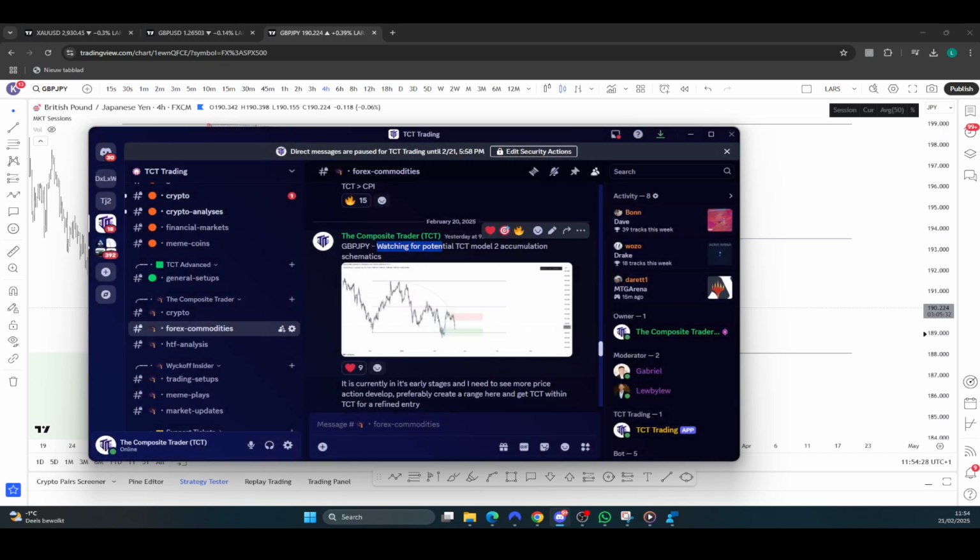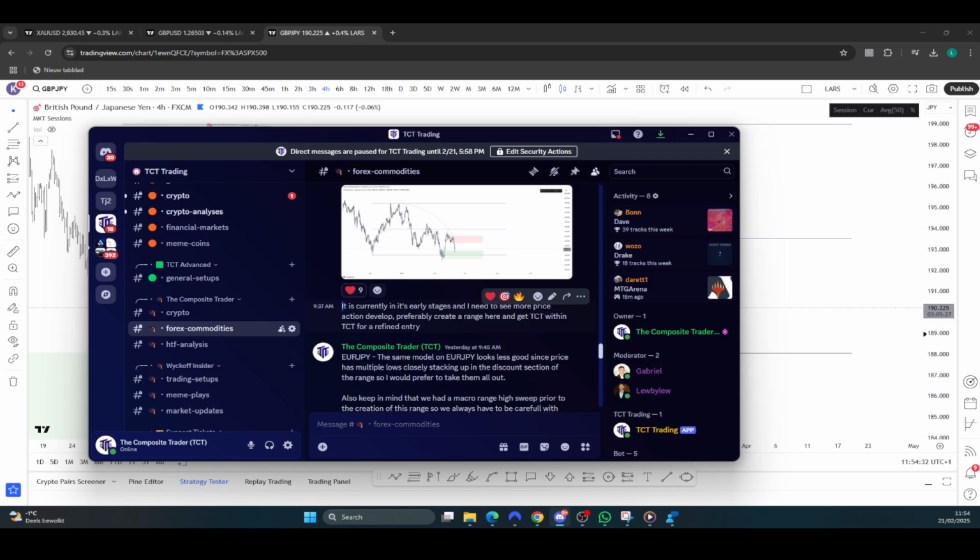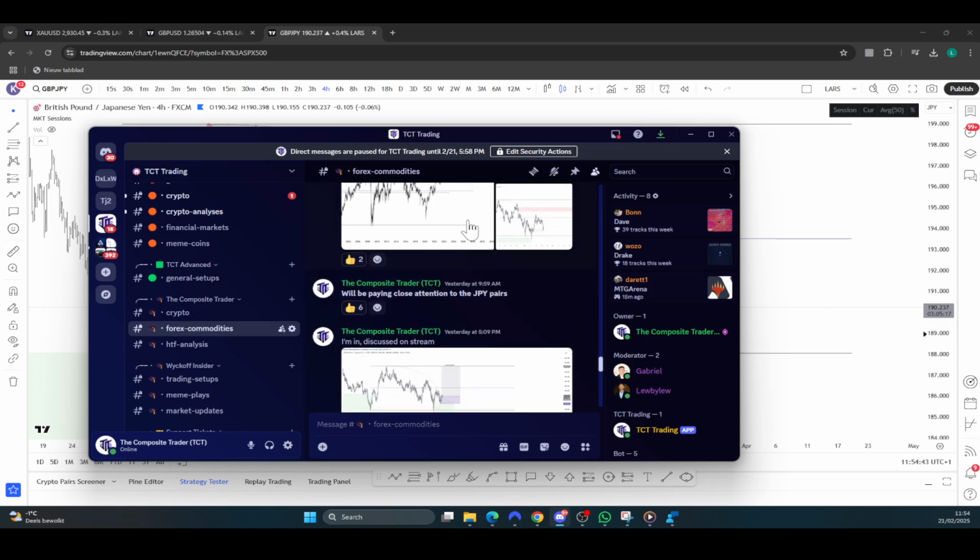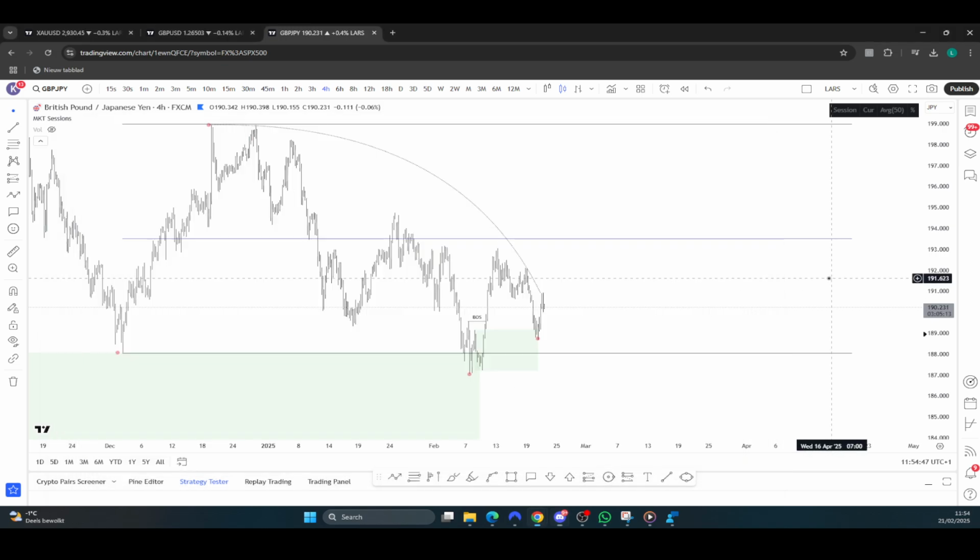And I said watching for potential TCT Model 2 accumulation schematics. It is currently in its early stages, and I need to see more price action develop, preferably create a range and get TCT within TCT for a refined entry. And then just some other JPY pairs and saying we'll be paying close attention to the JPY pairs.